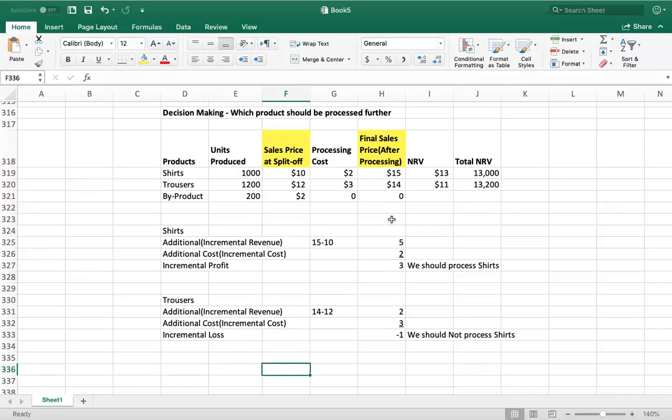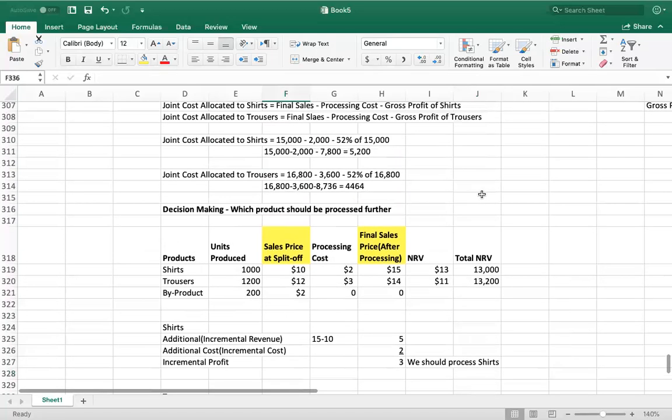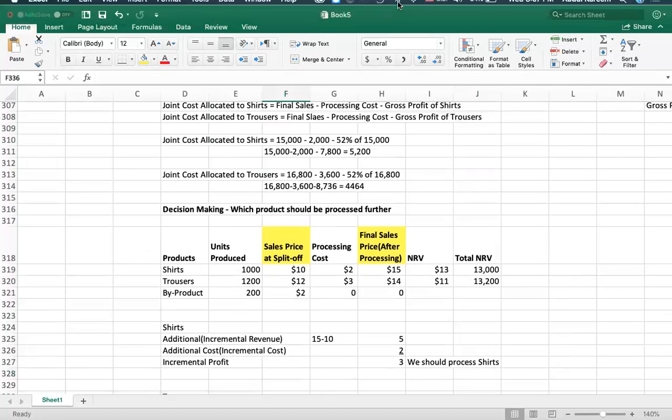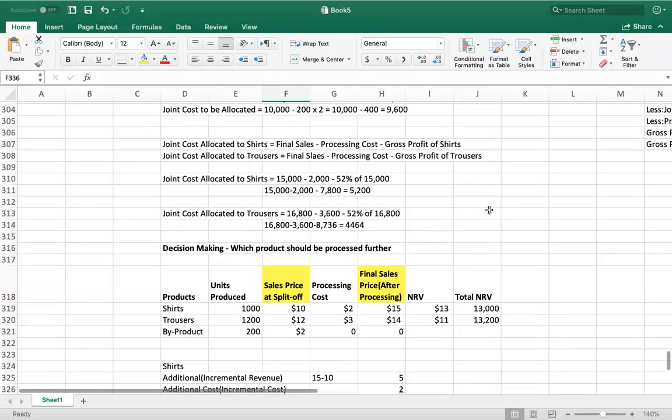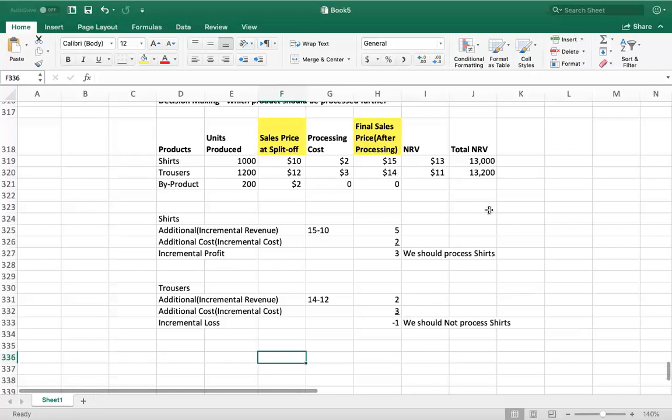In the examination, he may give you an essay type question asking what management should do. Advise the management which product we should produce and which product we should not produce.